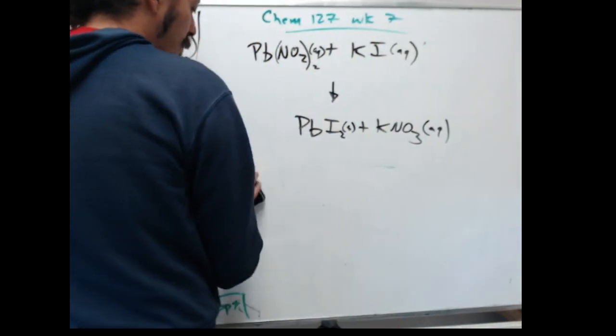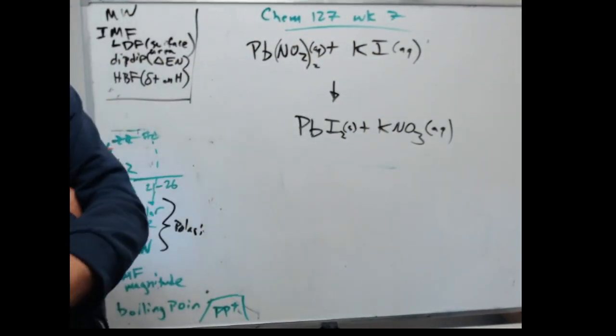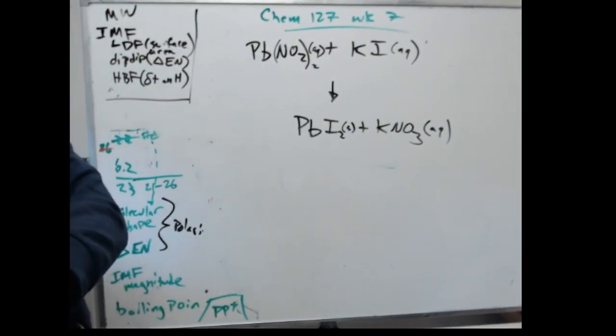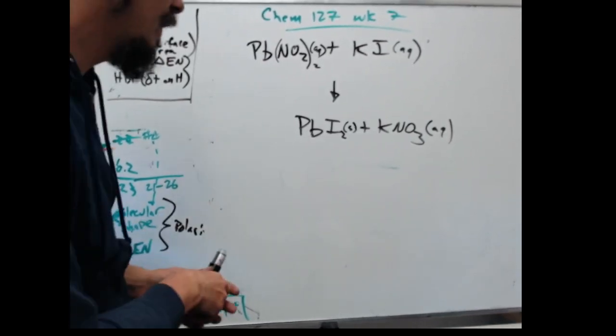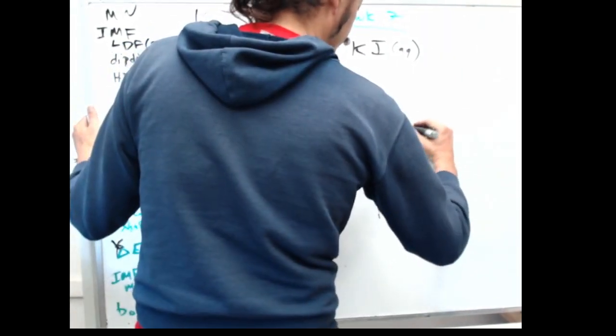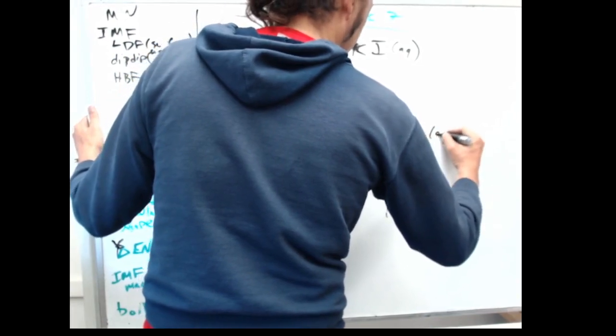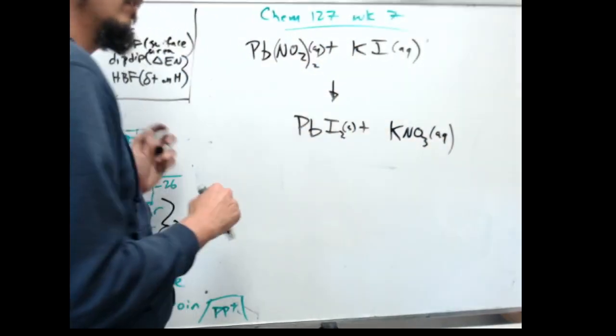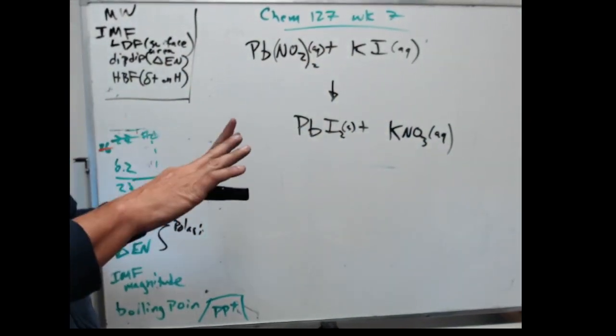We haven't talked about balancing chemical reactions yet, but that's one of the first things we're going to do in class tomorrow, making sure that we don't create or destroy anything. So here are the things we have to look for. It told us solid lead iodide, so I know that it's solid. That's why I did that.